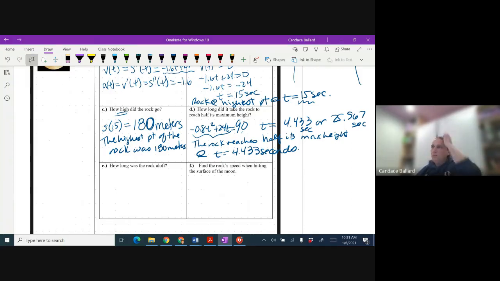Okay, so what are our ideas? How do we figure out how long the rock was in the air? Or at least, what would the height be when it's no longer in the air? Can you tell me that in the chat now?